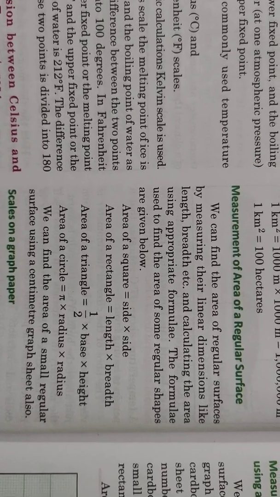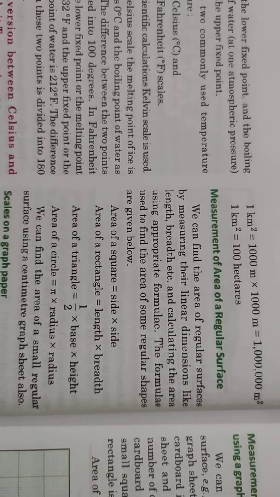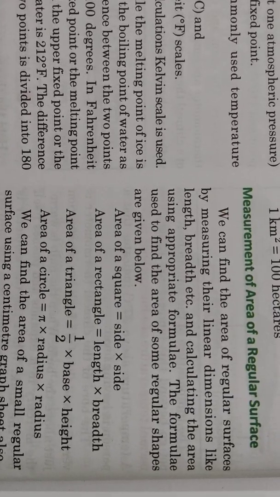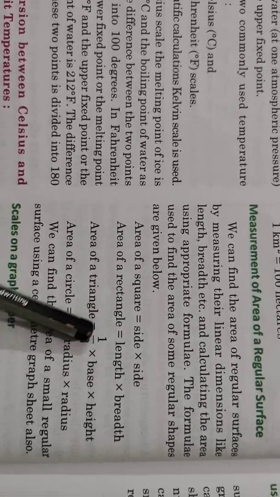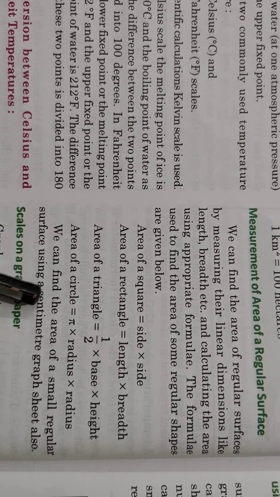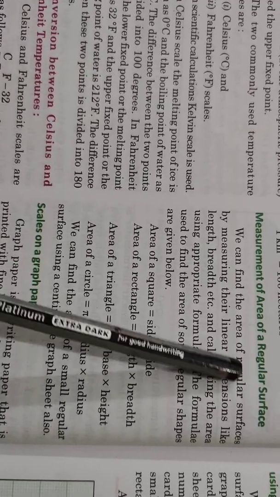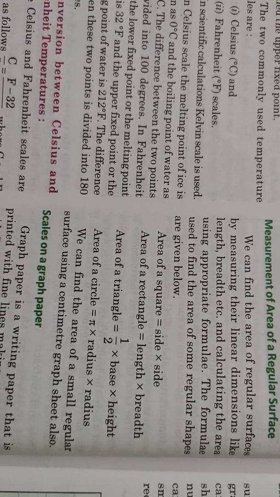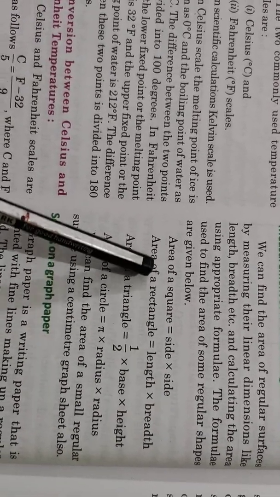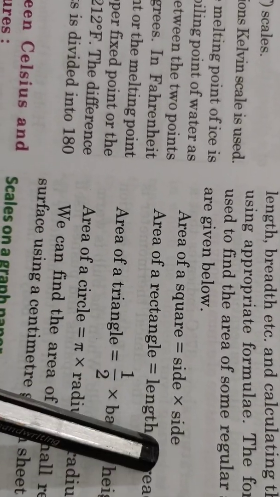Earlier we saw finding the area of figures which are irregular in shape, but there are regular figures like square, rectangle, triangle, circle. For these regular closed figures, there are formulas. For a square, you have side into side.